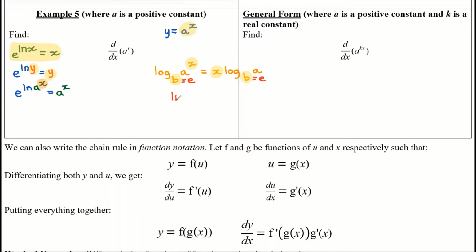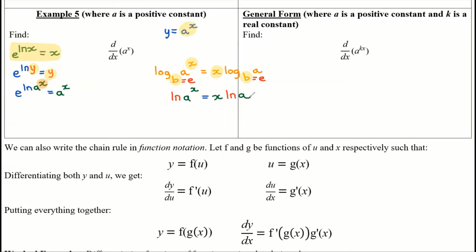So we now know that ln of a to the power x is equal to x multiplying ln of a. And that's exactly the situation we've got here.